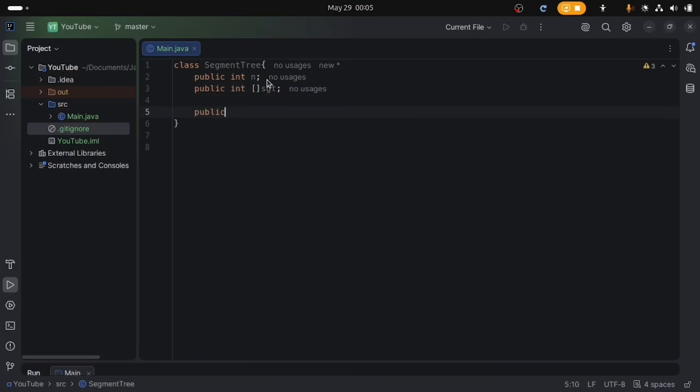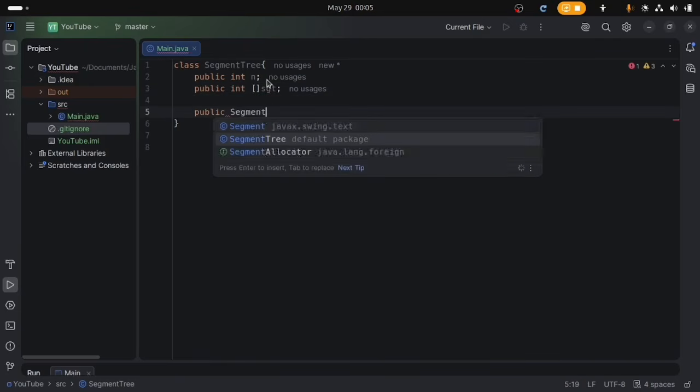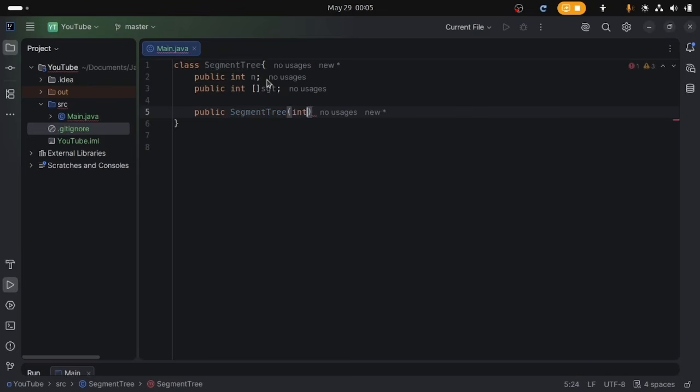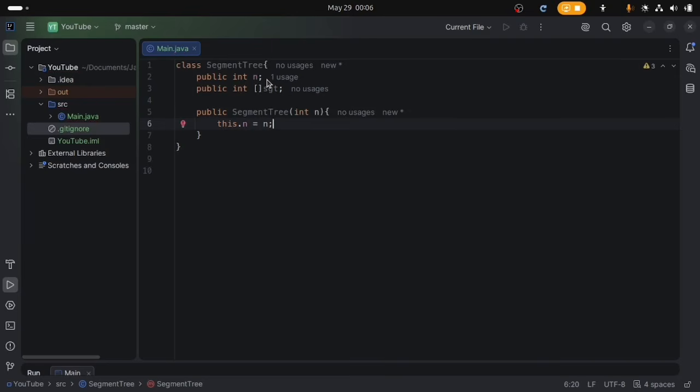Now let's create a constructor, public SegmentTree with integer n, this.n equals n. Let's even create the object of our array. sgt equals new int. As I told, we will create the array of size 4 times n. I have even proved why it's 4 times n. By default in Java, all the values get initialized to 0. In C++, use a vector and its constructor.